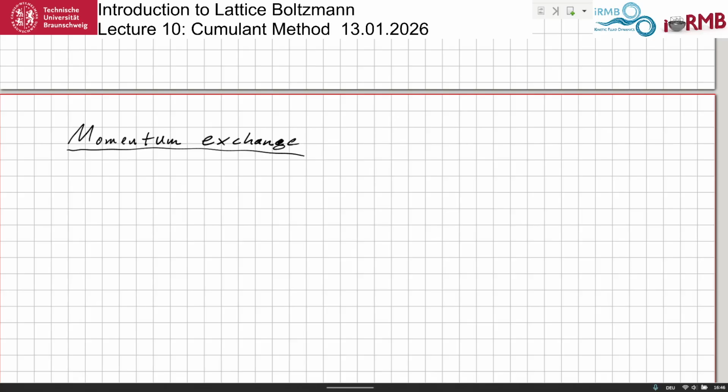I've not prepared a lot, so I'll mostly talk now. So what mostly we do with computational fluid dynamics is calculating forces that act on bodies, right? So this is where computational fluid dynamics basically comes from.